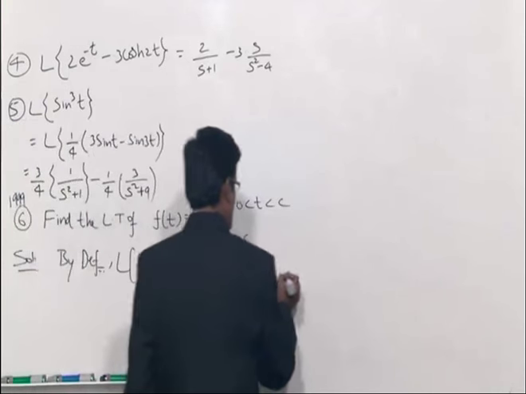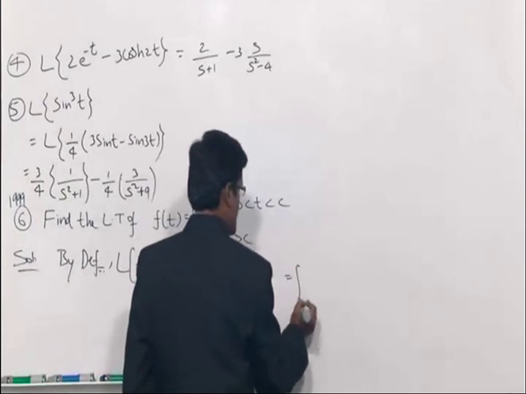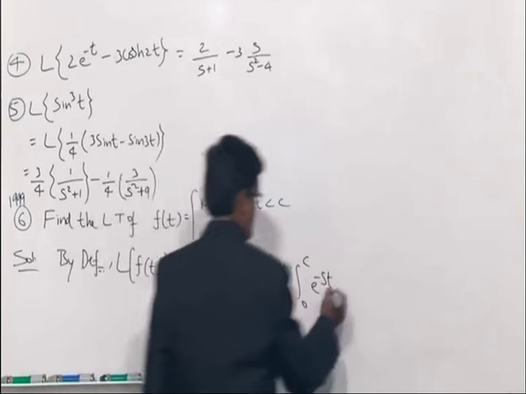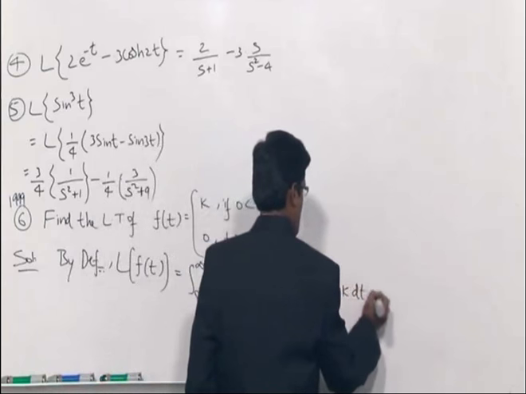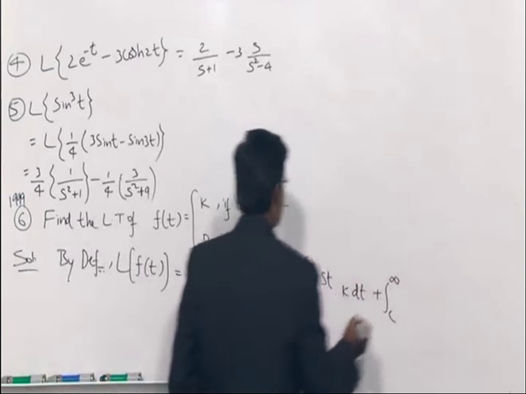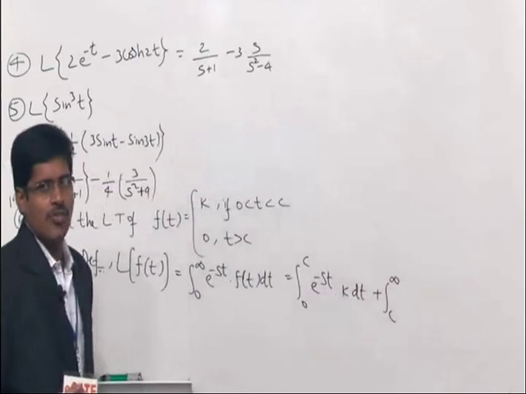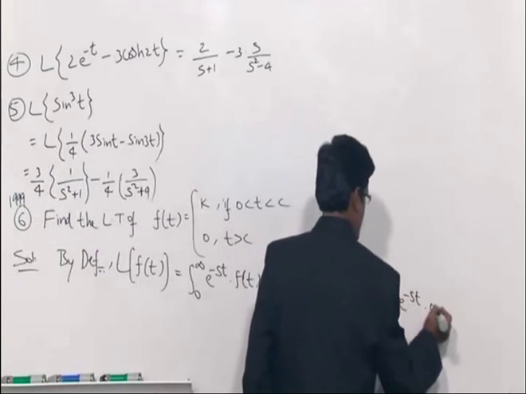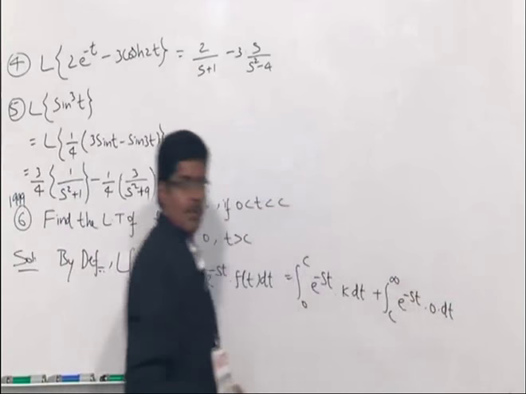Now this 0 to infinity, using definite integral properties, I can write as 0 to c, whose function value is given as k, plus c to infinity, where t is greater than c and whose function value is 0. So this second part is 0.